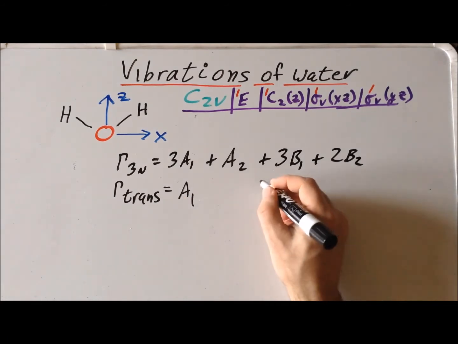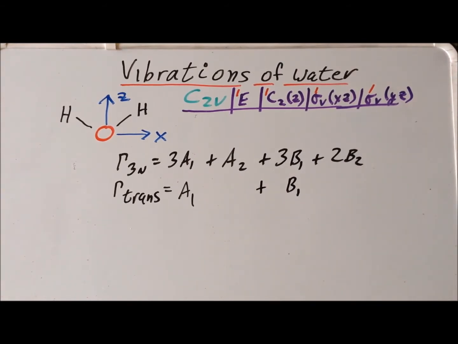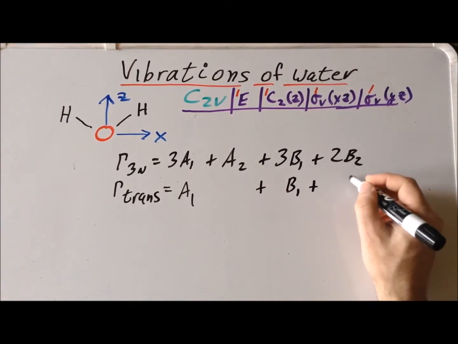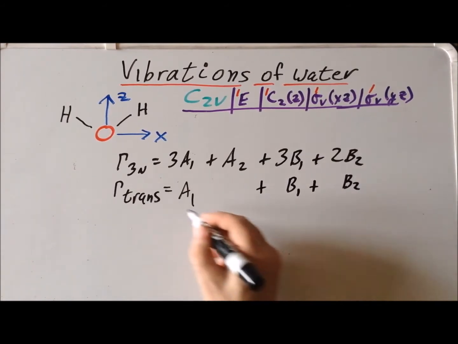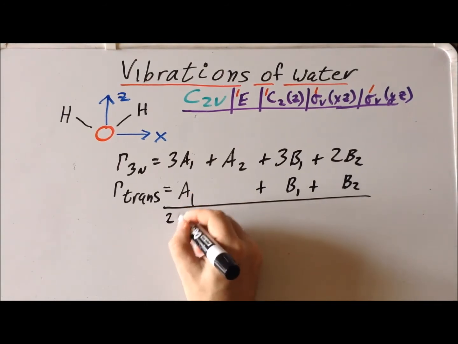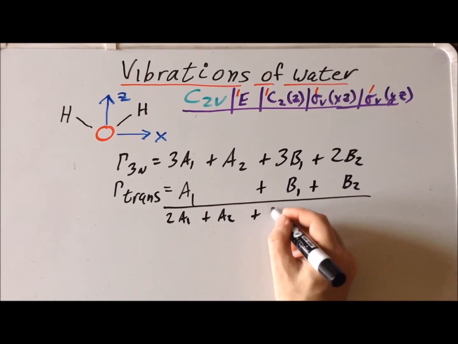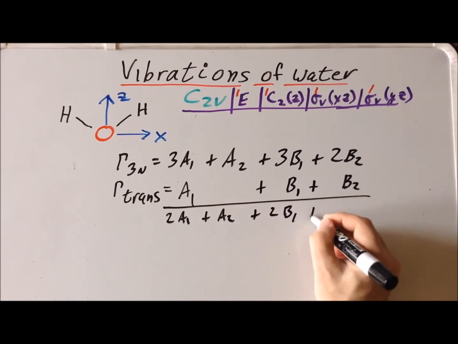We see that B1 corresponds to a basis function of x, and that B2 corresponds to a basis function of y. So we subtract out anything that has to do with x, y, or z as a linear term. So this gives us 2 A1s plus A2 plus 2 B1s plus B2.